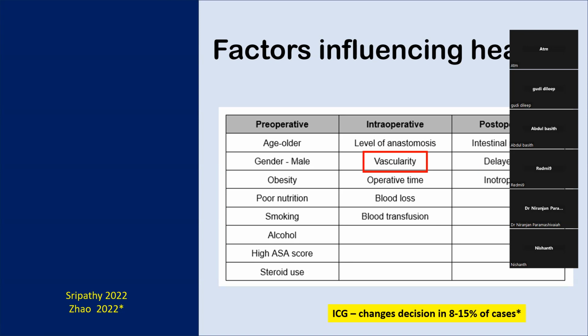Suppose your naked eye assessment tells you that vascularity is good. If you do an ICG, in about 8 to 15% of cases, it may tell you that it is not as good as you think it is. And so you may have to revise your level of resection. That has a practical significance. Particularly in the colonic anastomosis, it is something that one could consider doing.